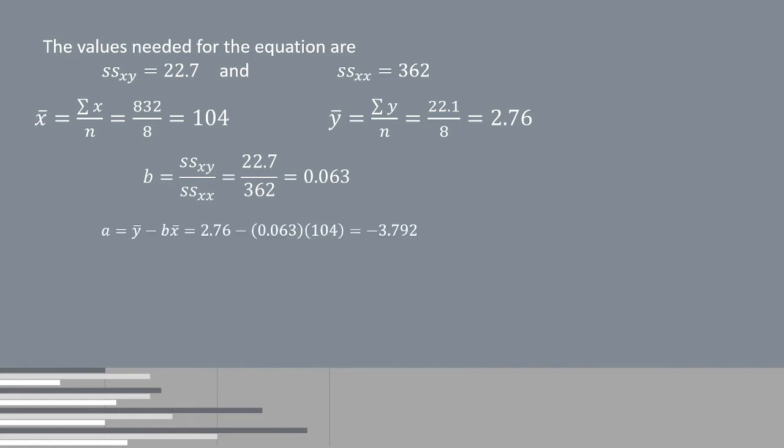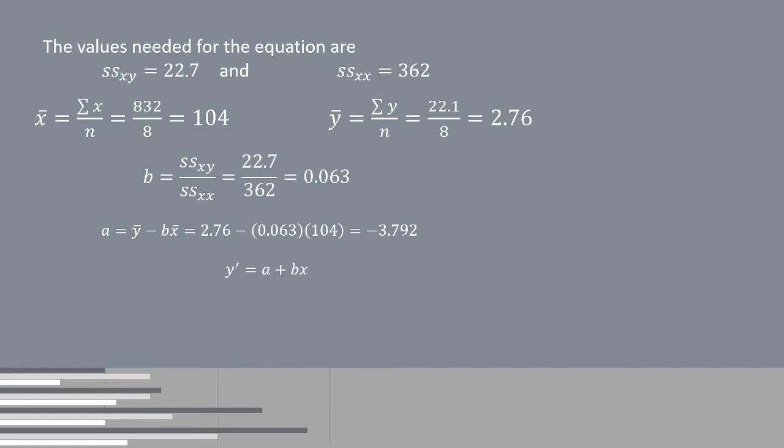And for a, it is equated that y bar minus b x bar is equal to 2.76 minus 0.063 times 104, which is equal to negative 3.792.